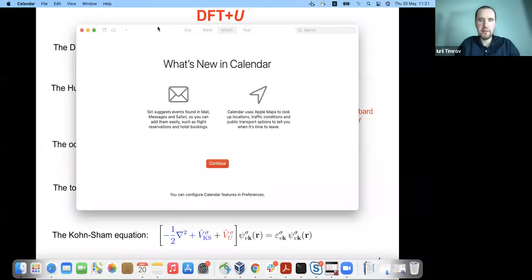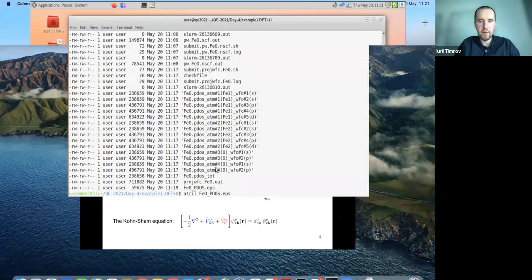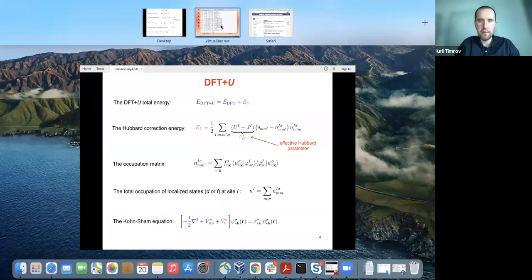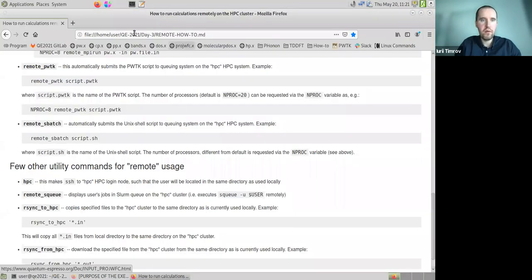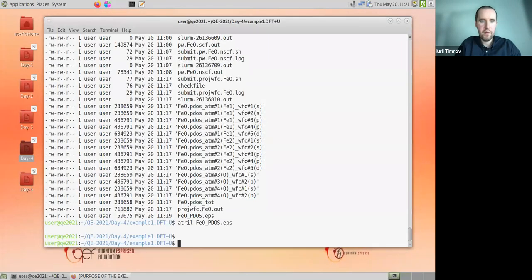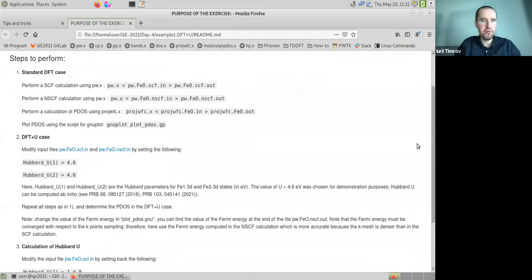To do that, you follow, not this one. In the instructions of this exercise, you do step 2.